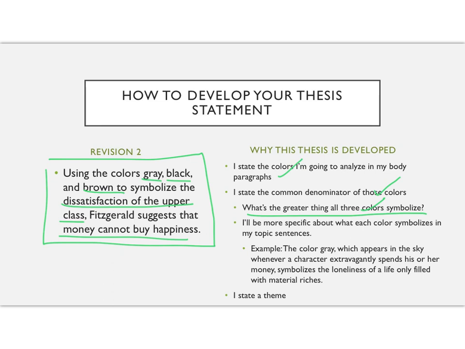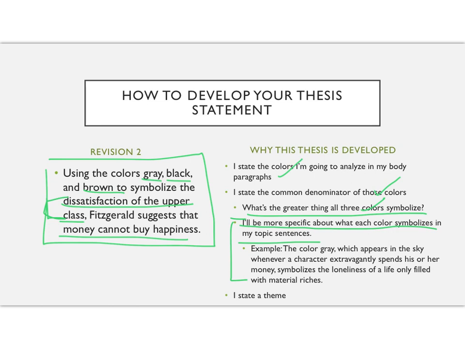And I just want to briefly go over the difference between this broad symbol and then the more specific symbols that you'll be getting at in your topic sentences. So very broadly, right, gray, black, and brown all fall under this category of dissatisfaction of the upper class. However, in my topic sentences, I don't want to just repeat this for each of my body paragraphs.